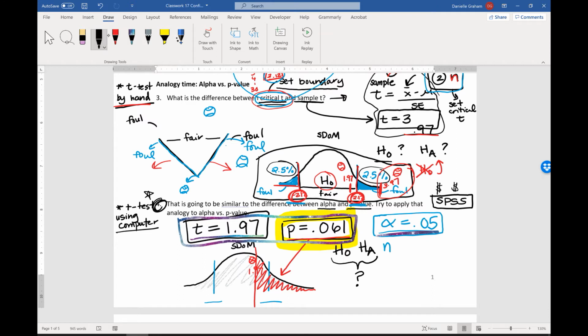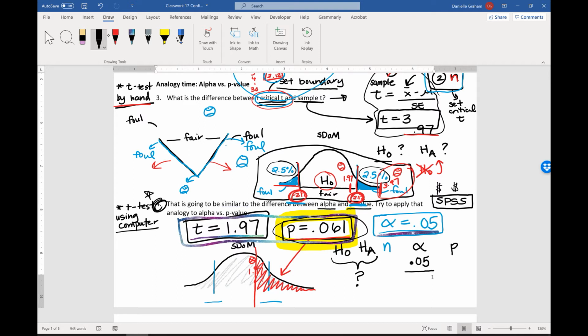So again, alpha is set ahead of time. That's our boundary, right? So our alpha represents where our foul line is. So we have an alpha value, and like I said, in this class, in most cases, we're always going to be using this 0.05. And so this is the set boundary that we start with. Then the computer says this is the p-value. Okay, so we've got a p-value.